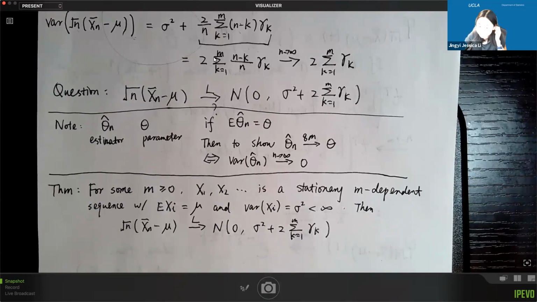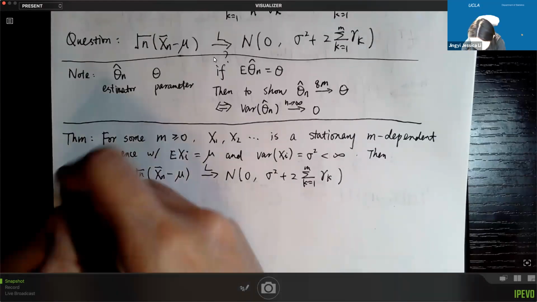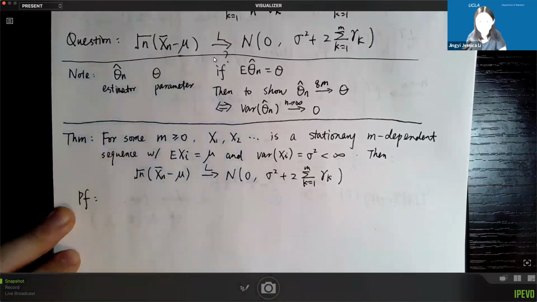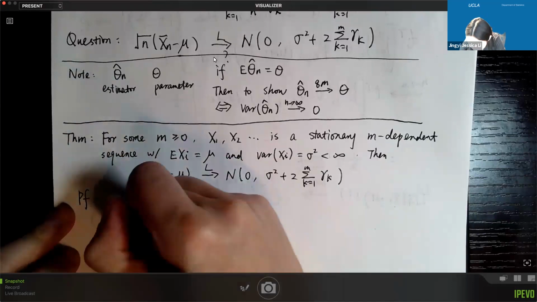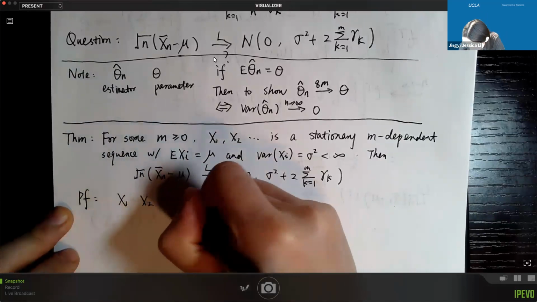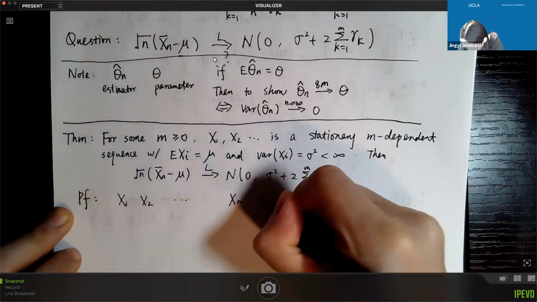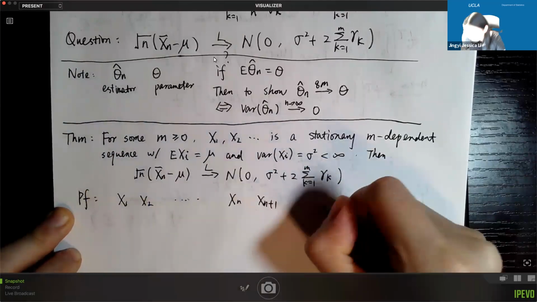Okay, so how do we prove this? Actually, this proof has a lot of intuition, which I want to talk about. So the intuition is actually this. Let's say I have my sequence, X1, X2, and so on, and let's say Xm, Xm plus 1, and so on.